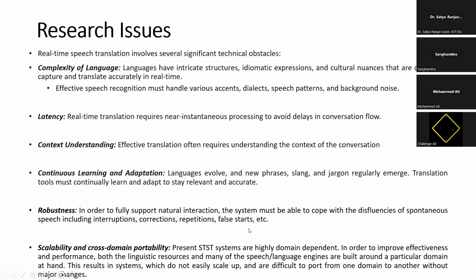So robustness is another issue. And another issue is scalability and cross-domain portability, because most of the systems that are designed are highly domain dependent. To reduce the complexity, most systems are designed to be domain specific. So if you want to port it to a different domain, then that capability should also be there.